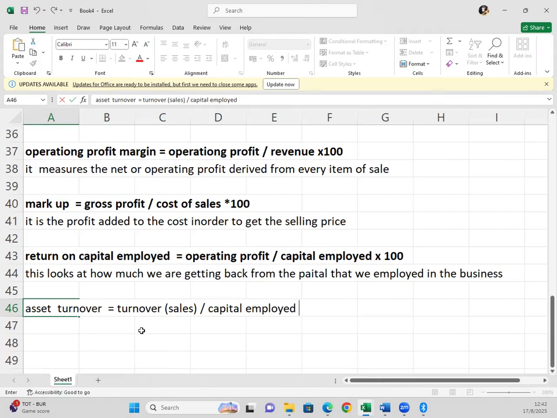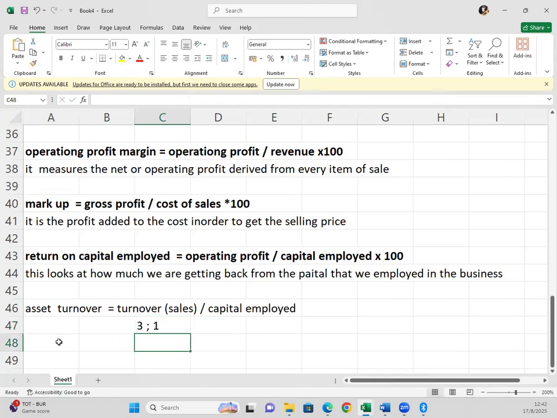The answer is not a percentage. We don't multiply by 100. The answer is just a ratio. Let's say if the answer is 3, you say 3 as to 1. You just say the ratio as to 1.